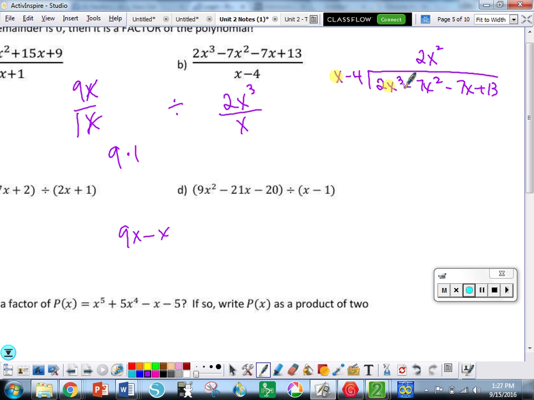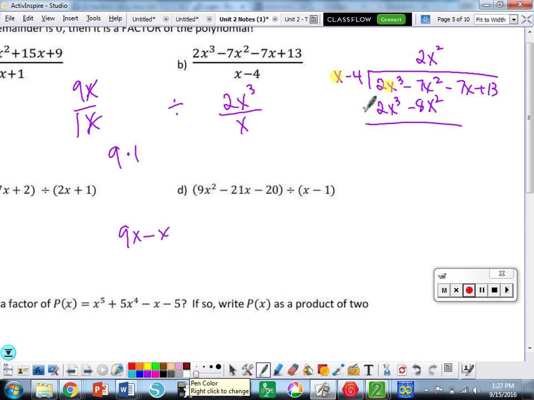Got it. Okay, now we multiply. 2x squared times x is what? 2x cubed. 2x squared times the negative 4 is negative 8x squared. Draw your line. Now what? Now we subtract.